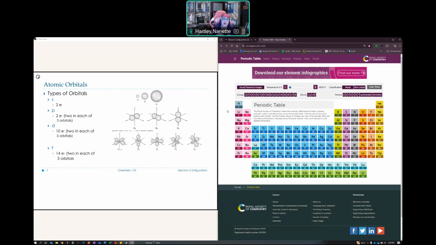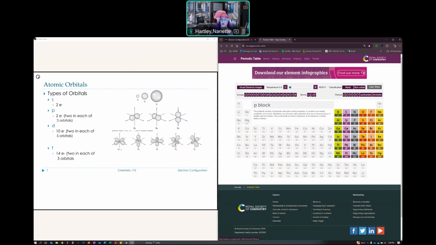P, because there are three of them, each one holds two, and therefore P can hold six. Remember that. S can hold two, one, two. P can hold six, one, two, three, four, five, six.